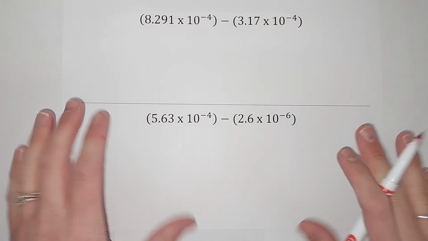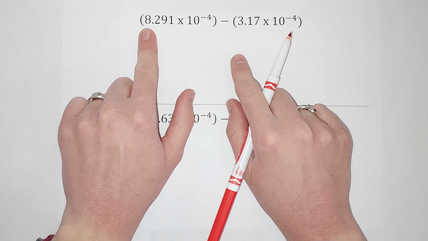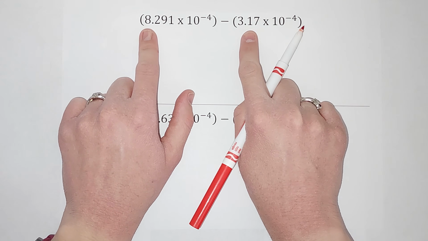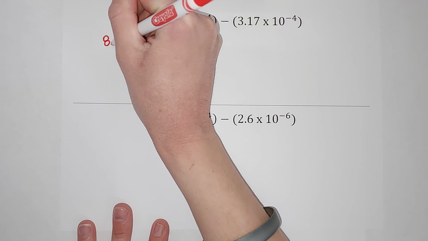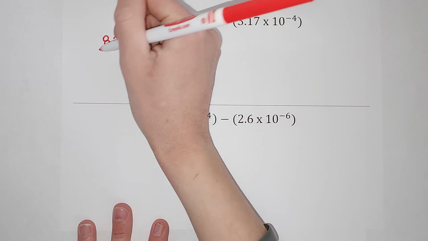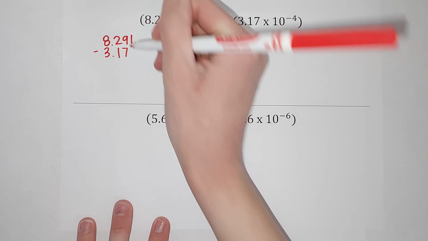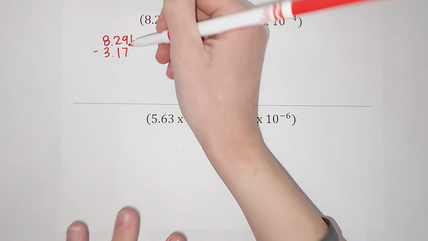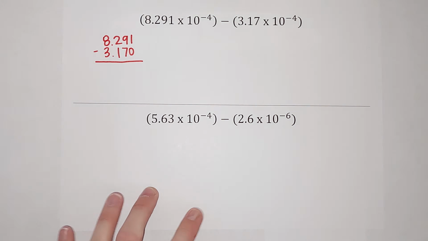All right. So these ones, like we already said, have the same exponent. So I'm just going to take 8.291 and subtract 3.17. When we subtract decimals, we line up the decimals, and I can put a little 0 there just so it lines up nicely, right?